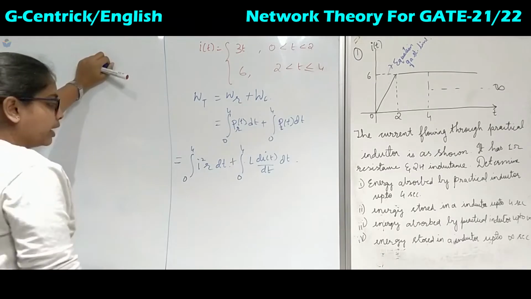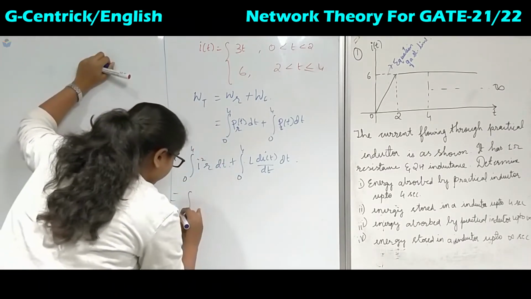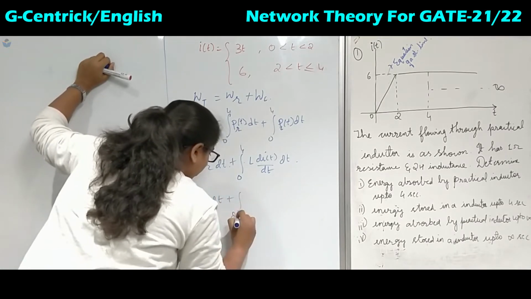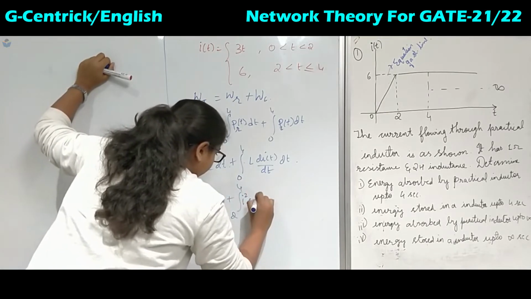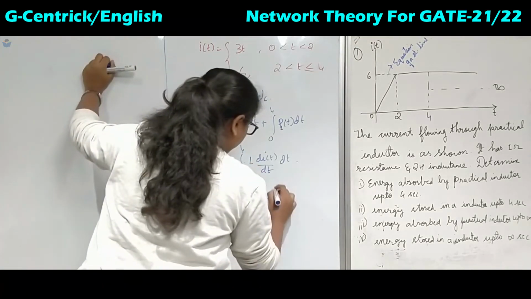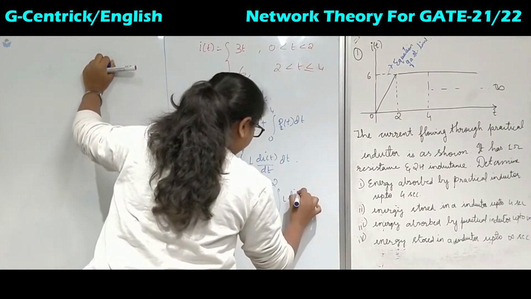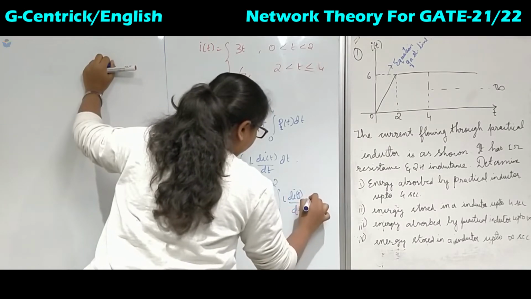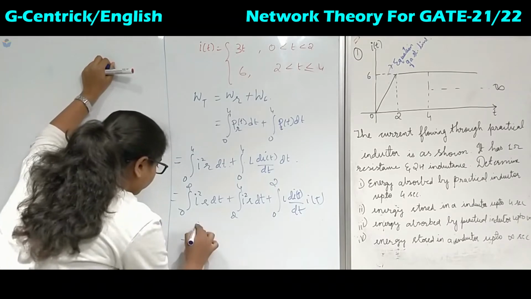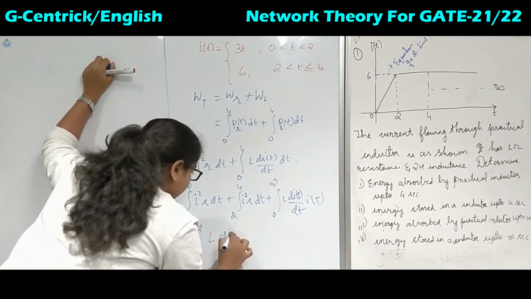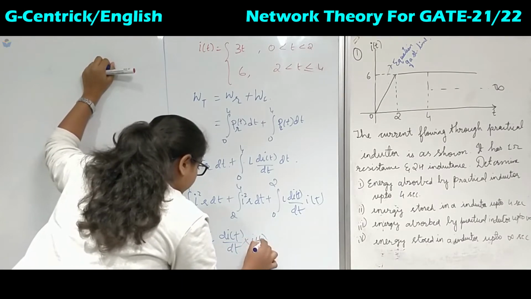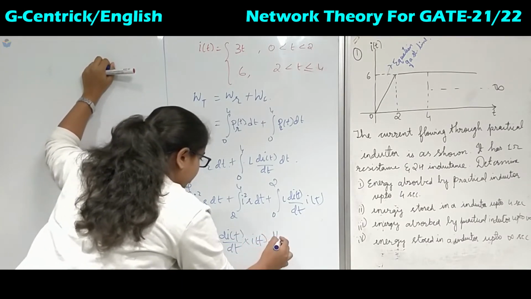Now I can split the limits: from 0 to 2 I square R dt plus from 2 to 4 I square R dt, this is for the resistor. Now for the inductor, from 0 to 2 L di/dt into I of t, plus from 2 to 4 L di/dt into I of t, into dt.